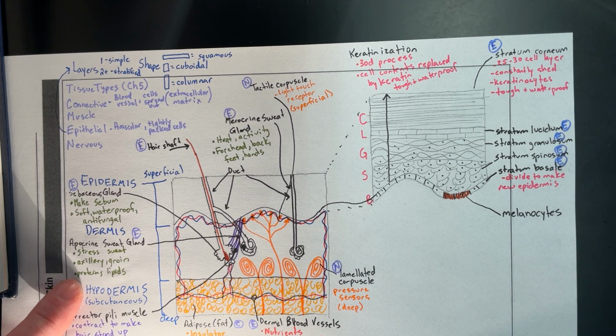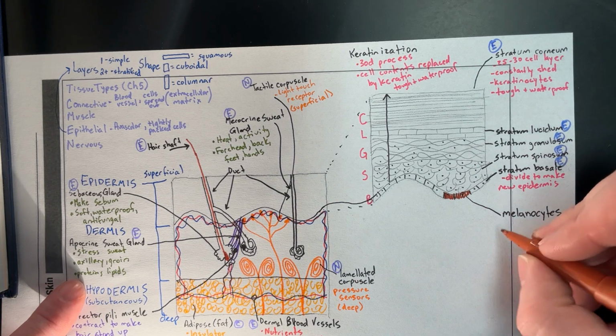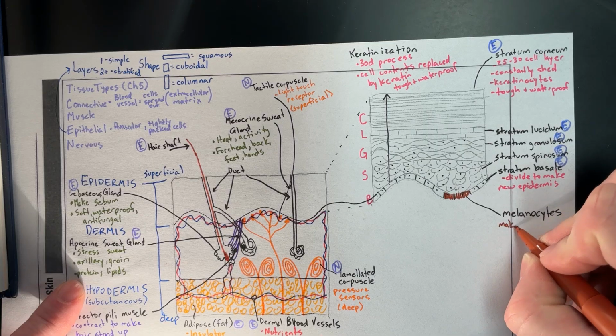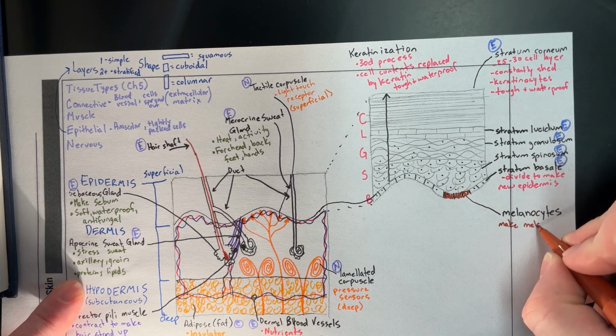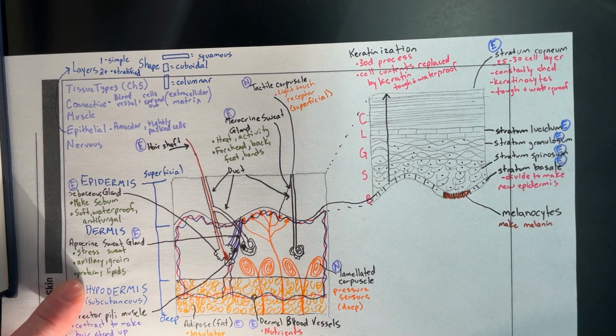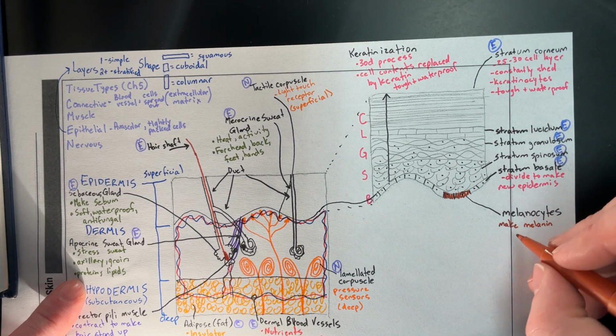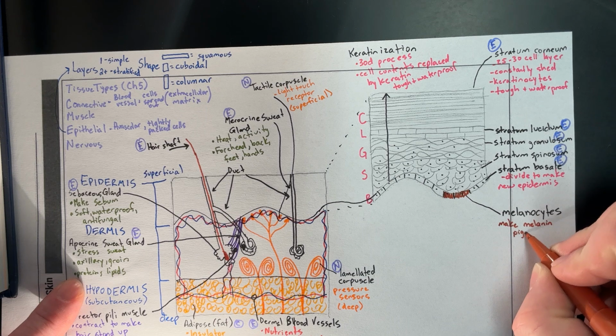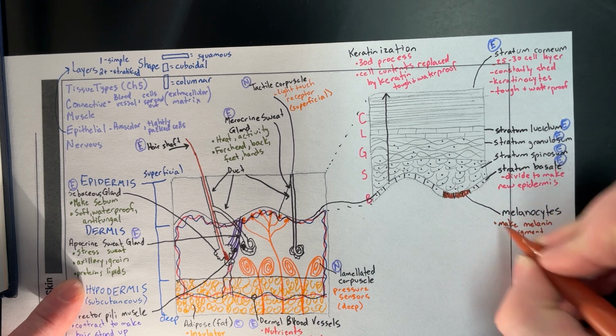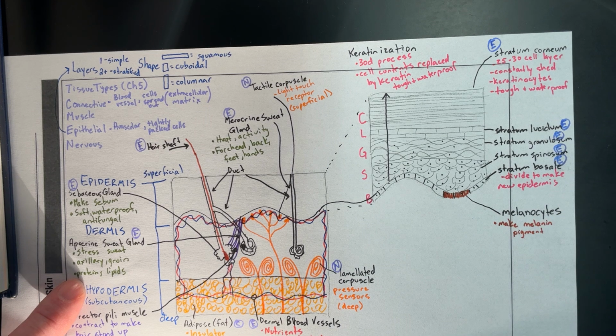And what melanocytes do is they make a protein called melanin. Let's call it melanin pigment, because that's what it is. It's the skin pigment protein.